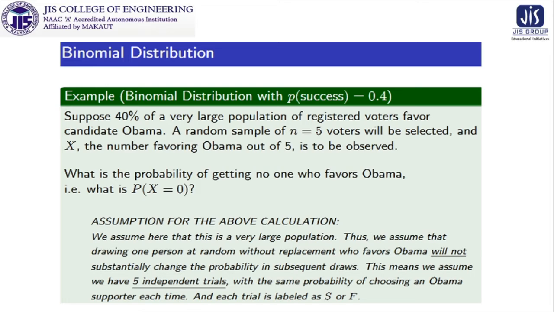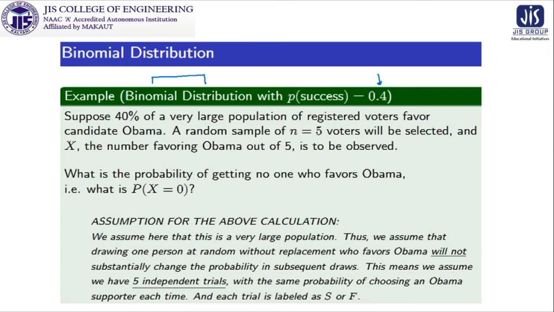Now, in the example, if we take a binomial distribution where the probability of success is taken as 0.4, let us go into the real life question related to this problem.